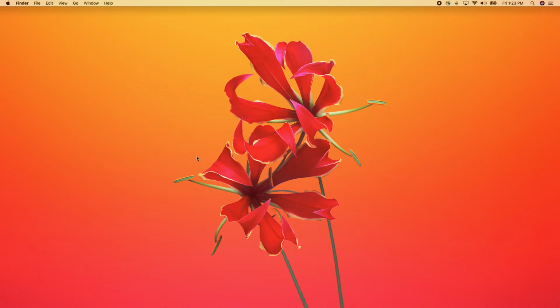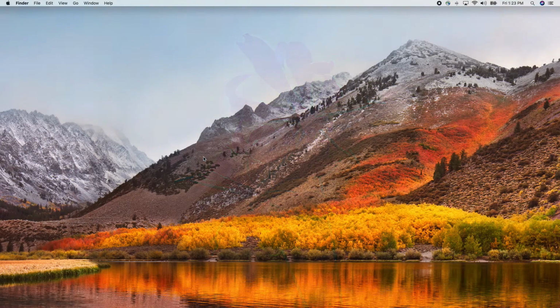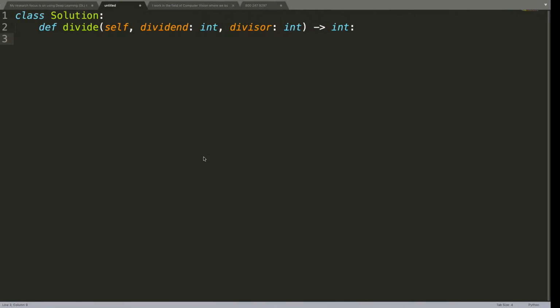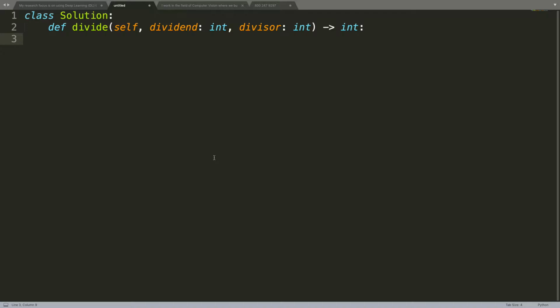So I can look at it from the second screen and write my code here for you guys to see. Okay. So I need to think a little.